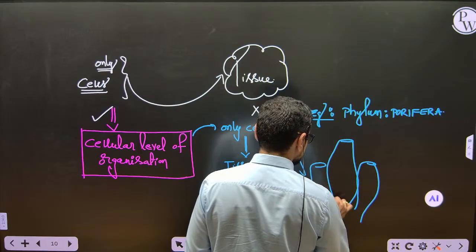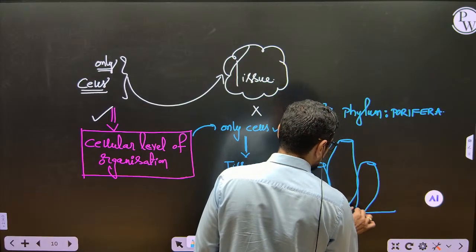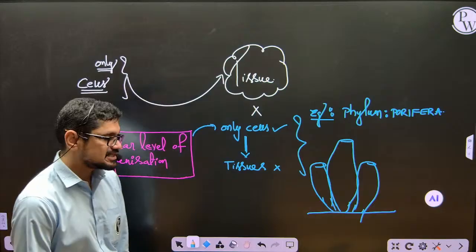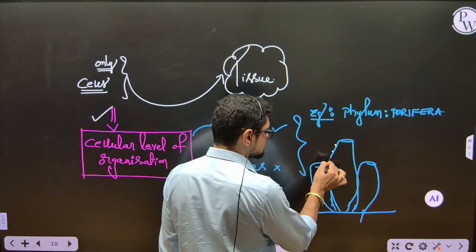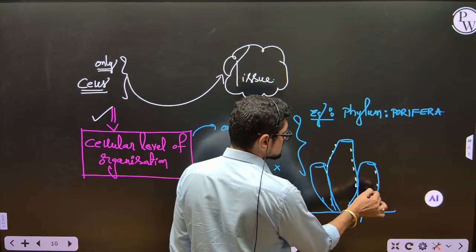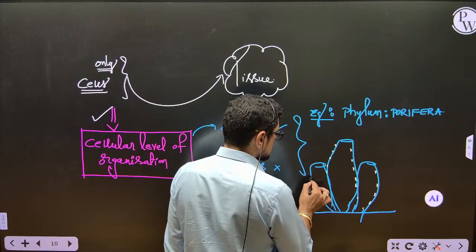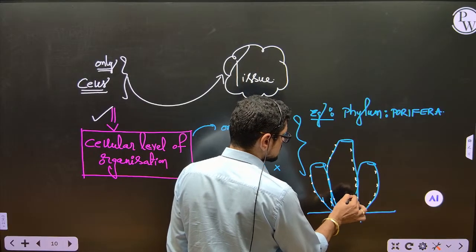These are sponges, present in the ocean environment. They can't move; they are fixed to one place like this. The entire body is covered by a number of small holes.